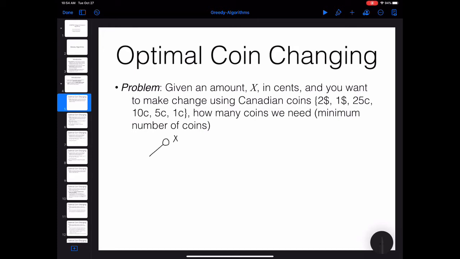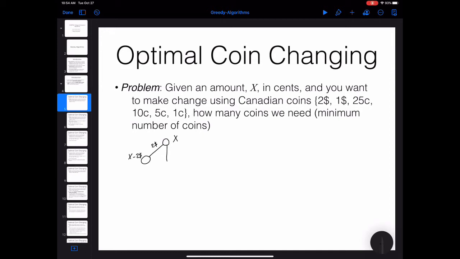You would ask what would happen if I choose a toonie. Just assume that X is greater than $2 so that I can take a toonie. If not, you would start from the largest one which is smaller than X. What would happen if I choose $2? The amount will be X minus $2, right?